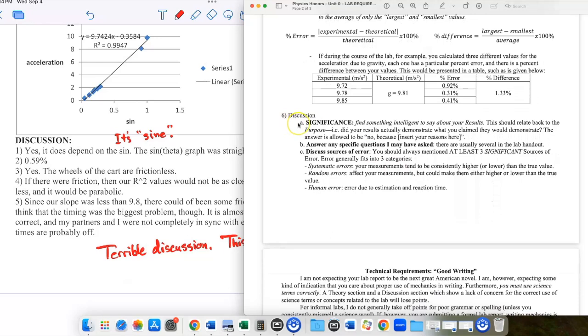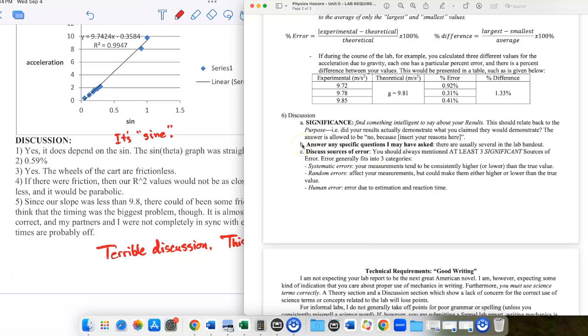Discussion. You will always talk about the significance, and it should always relate back to the purpose. The lab was supposed to demonstrate a specific thing. If you demonstrated that, you say, I demonstrated it, and here's why. If the answer is no, you are allowed to say no if it really didn't demonstrate it.